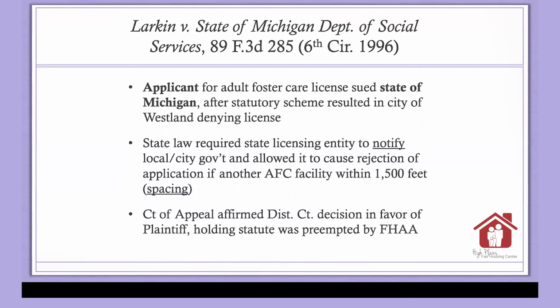So the two components of the state law that were challenged were this notification requirement, that if there's an application coming in, the state licensing entity has to notify the local government before issuing the license, and the spacing requirement that results in rejection if another adult foster care facility is within a certain number of feet. So that was the basis for this lawsuit.